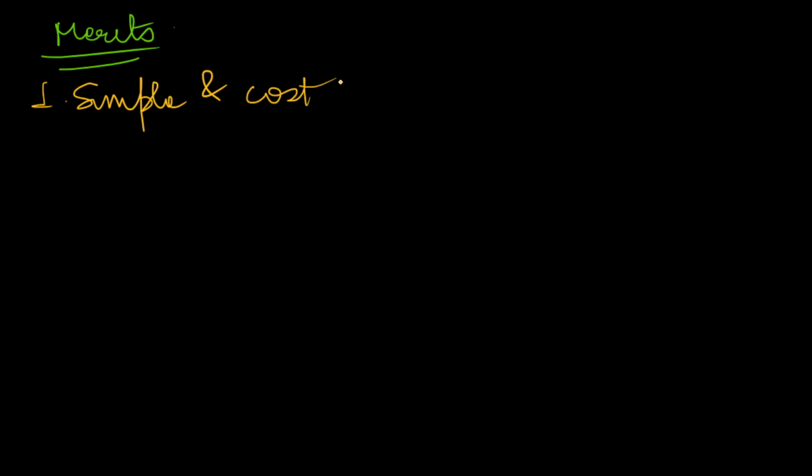Now what are the merits of mass selection? From here we are going to enter the body. Merits of mass selection. First of all, it is simple and cost effective, because it doesn't require any specialized techniques or equipment.